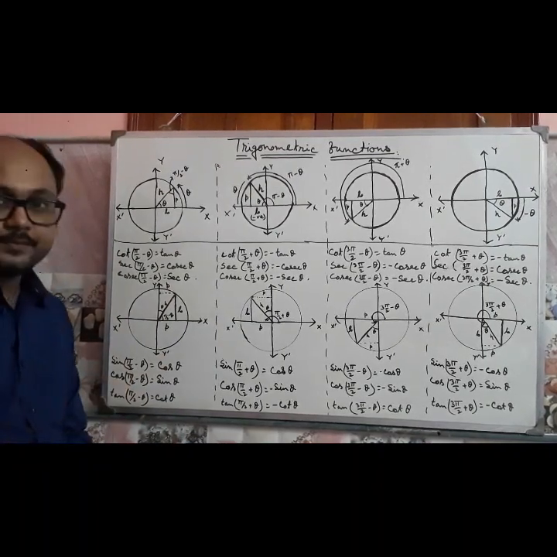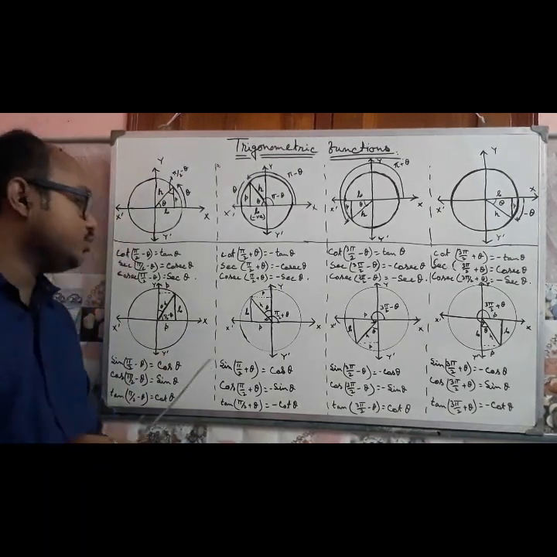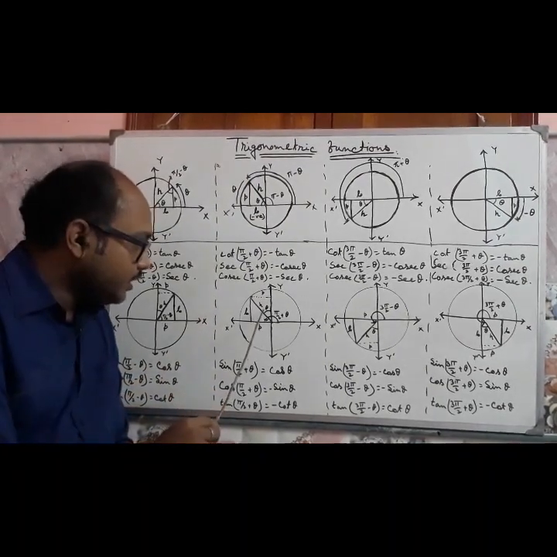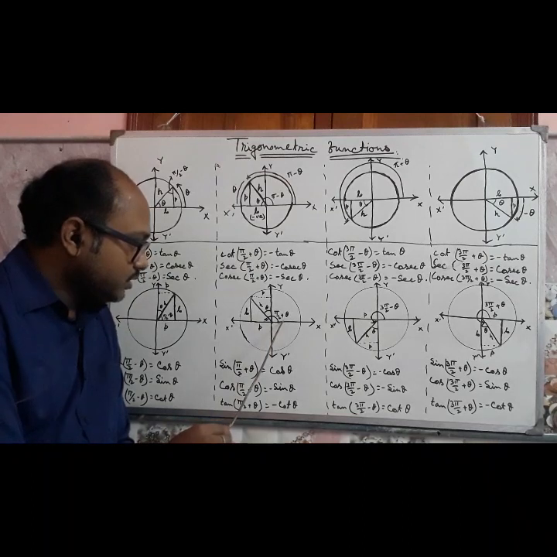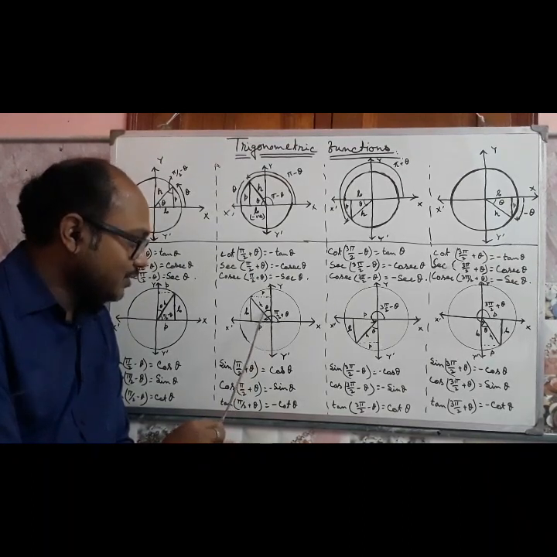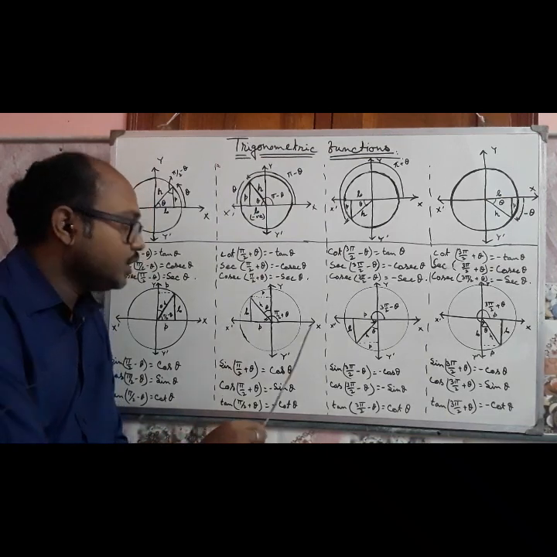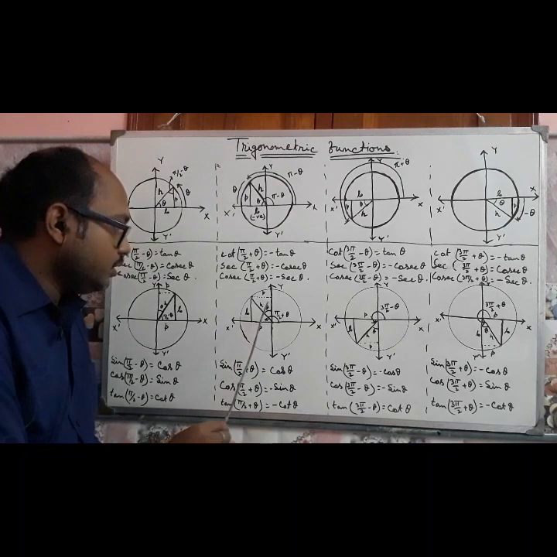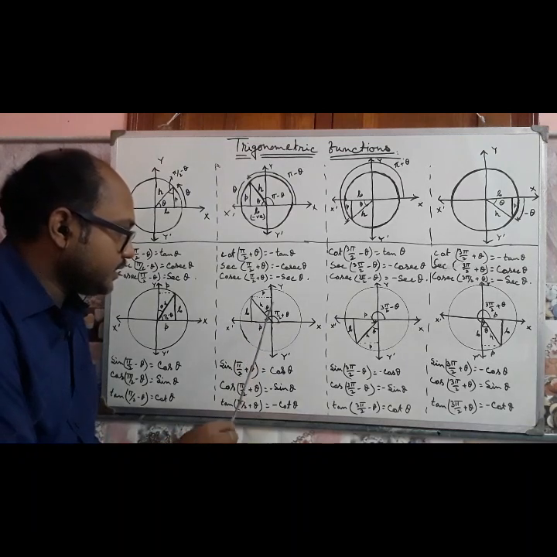Now we will see the values of the trigonometric functions for the angle pi/2 + theta. You see, this is the total angle pi/2 + theta. So this terminal point forms the triangle with the horizontal axis, that is the x axis. If this angle is pi/2 + theta, this is pi/2, so this becomes theta.